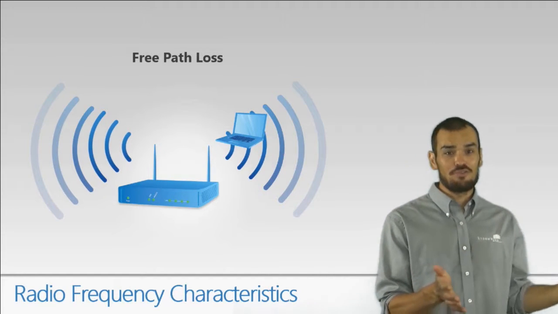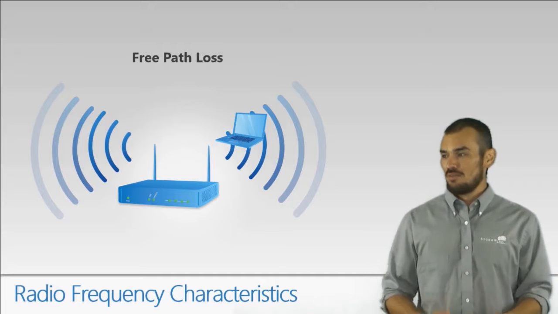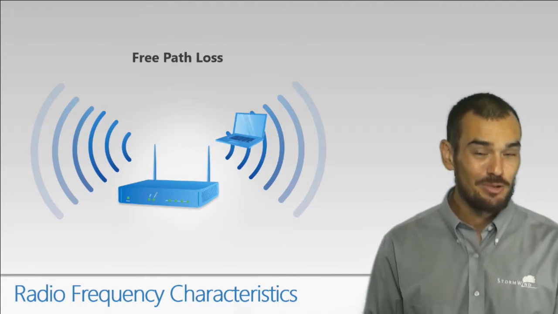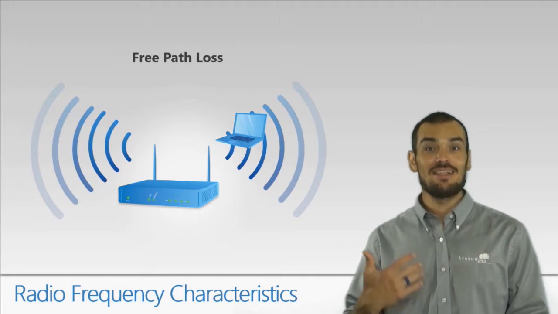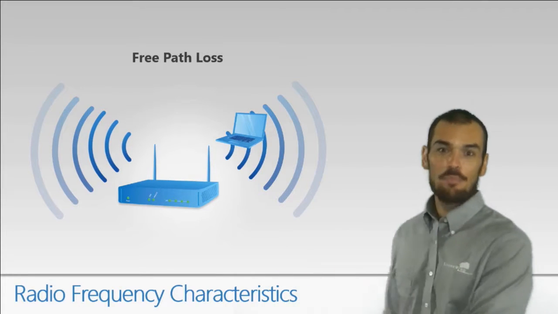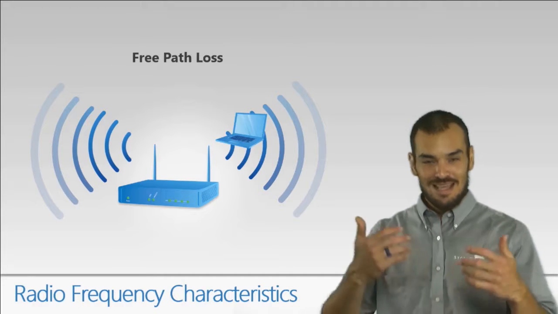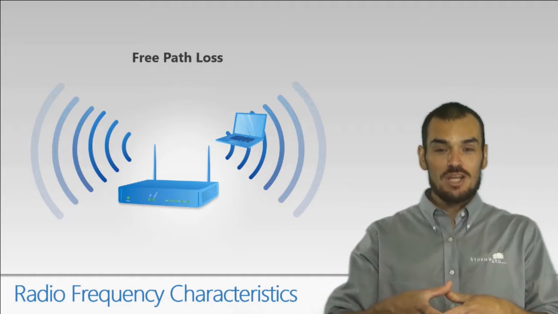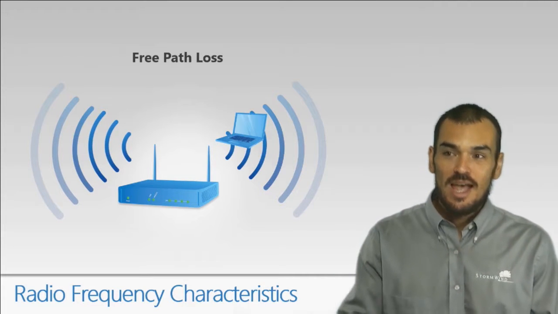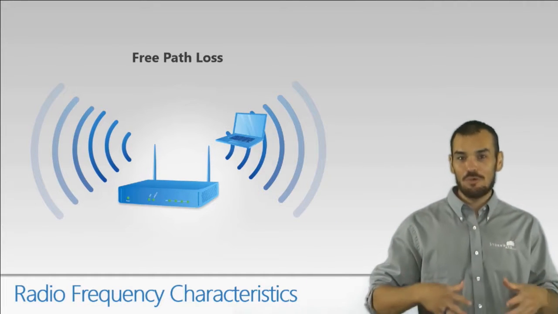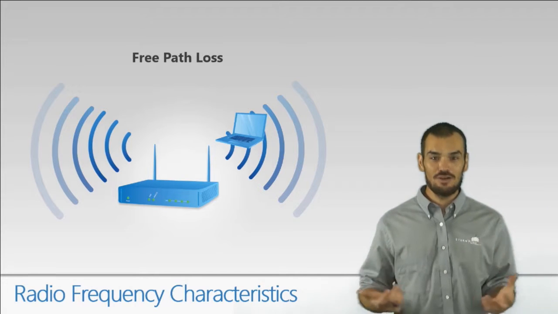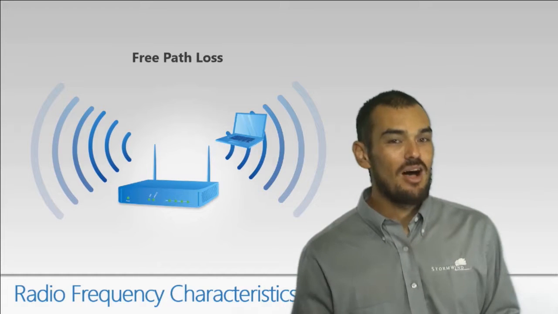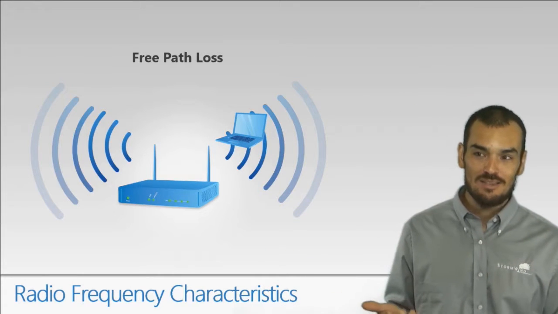But as you go further and further out, you start getting towards Wisconsin or St. Louis or whatever the case may be, that signal is going to get weaker and weaker and weaker until you no longer get that Chicago signal. You're now picking up the signal from the next town. The same thing happens with all radio signals. From their originating point, they're going to be strongest. As soon as they leave, they're going to get weaker and weaker and weaker until they die off completely. That is called free path loss or free space path loss.